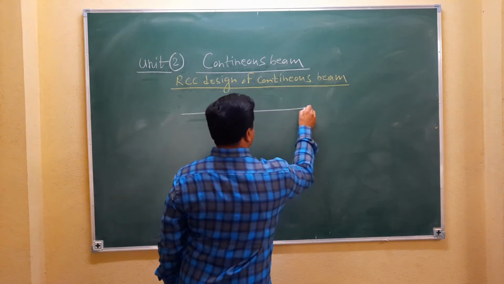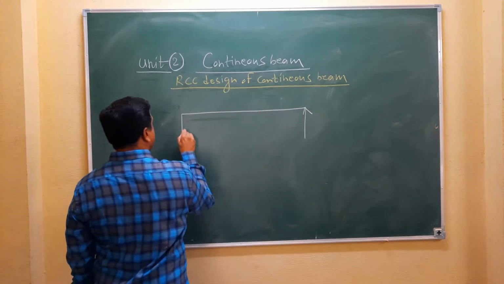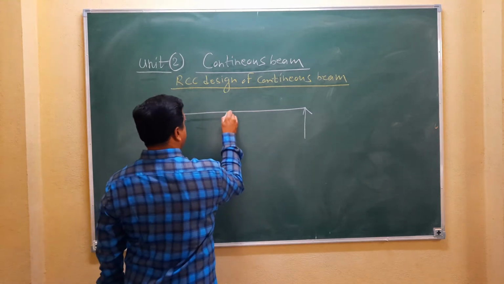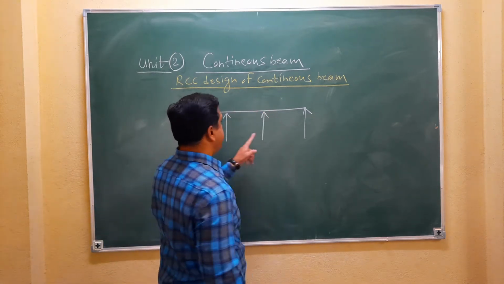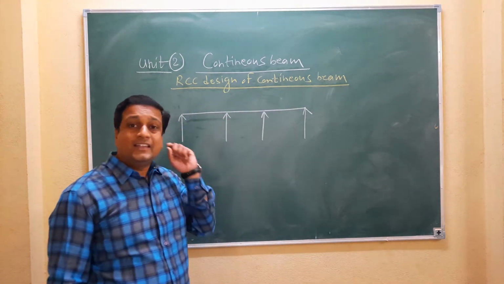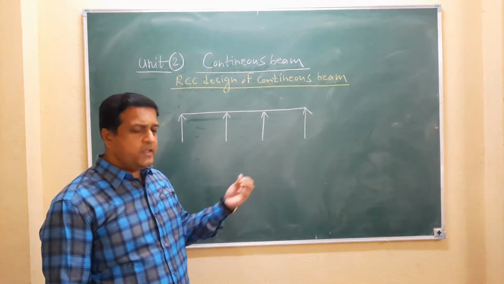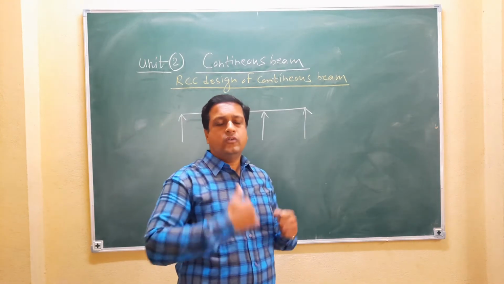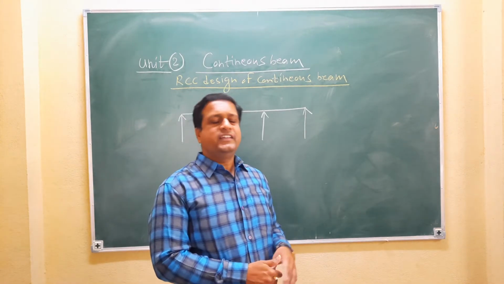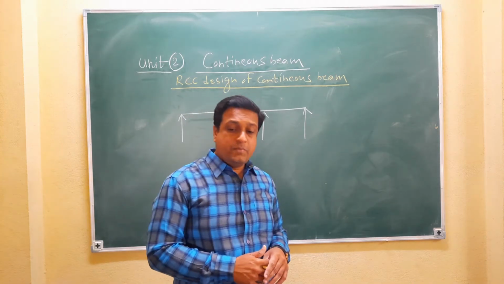I want to sketch one beam. So this is a continuous beam of 3 spans. When a beam has more than 1 span, more than 2 supports, it is treated as a continuous beam.